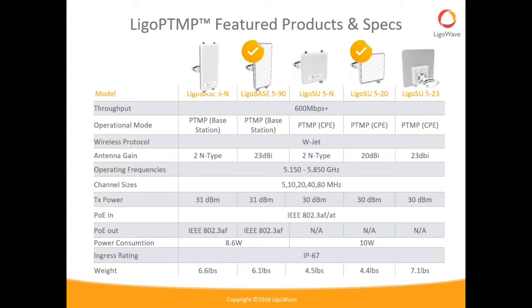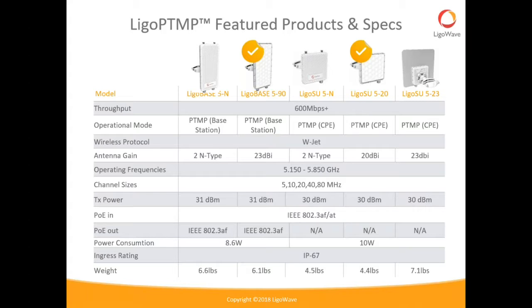In the point-to-multipoint line, we have a couple of base stations as well as some subscribers. The base stations are your points, and they come in a 90-degree sector model or a model with external antenna ports. For our subscriber units, we have two internal models: a 20 dBi model and a 23 dBi model.